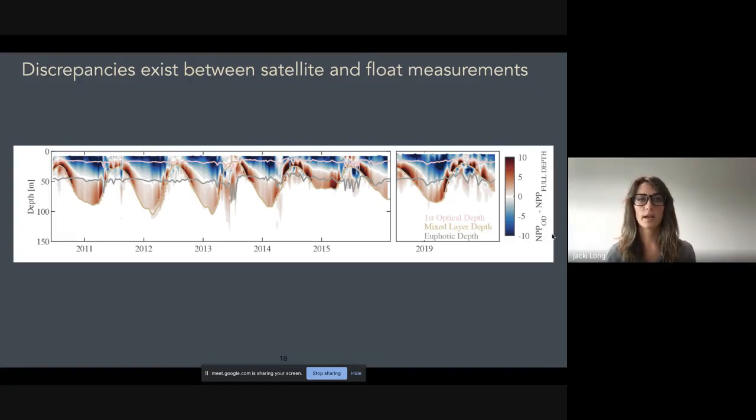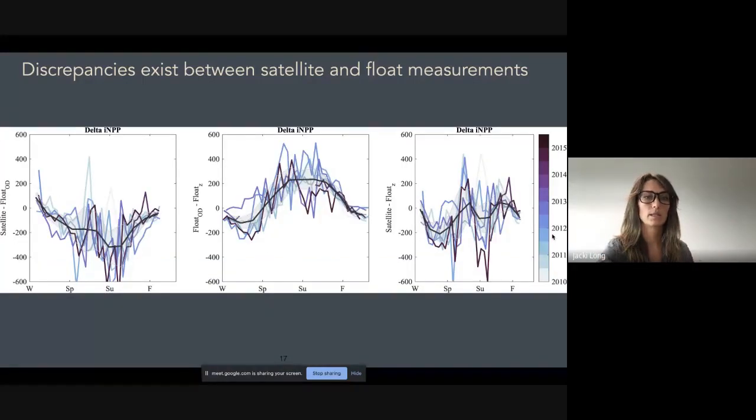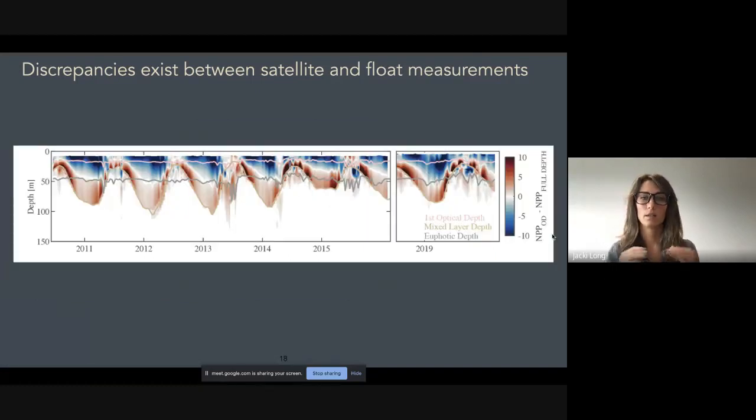And we also see that, in addition to the seasonal differences that counterbalance each other, we also see a systematic bias with depth, where you're overcompensating and undercompensating at the same time. So again, you're reaching a similar value, but it might be by accident.